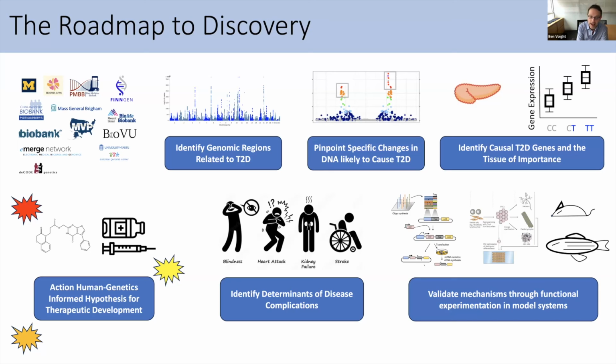And then you think, okay, it's non-coding. If it's not a promoter, it's probably a distal enhancer. And so then you start to try to layer in epigenetic resources, chromatin accessibility resources, annotations in the genome that give you a clue about what the tissue of relevance is and what the mechanism is.